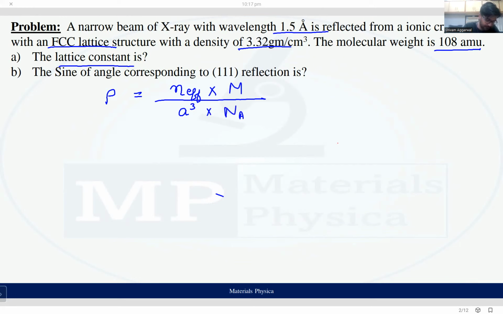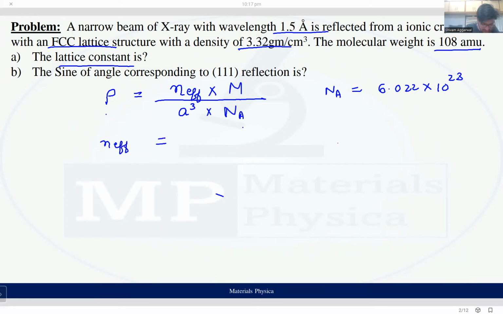Here we know the value of M is 108 AMU, and Na, as you know, Avogadro number, is 6.022 into 10 power 23 atoms or molecules per mole. And a we have to calculate.